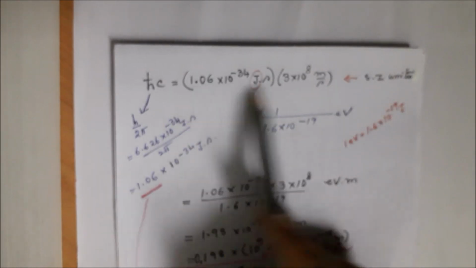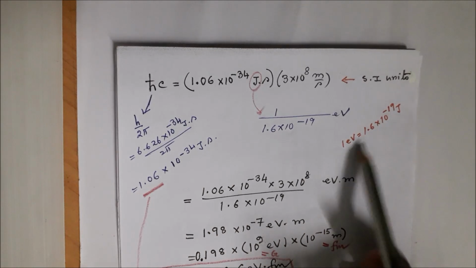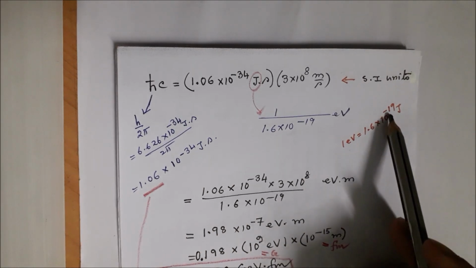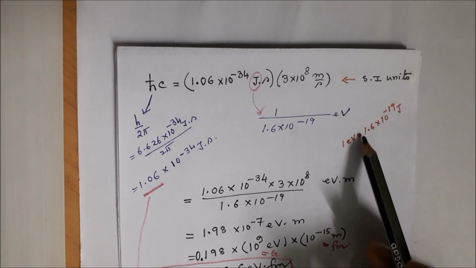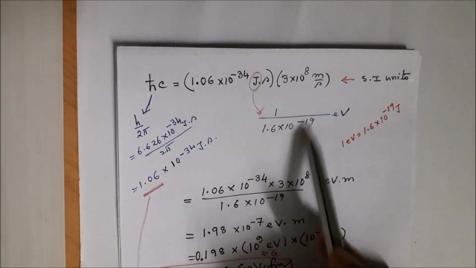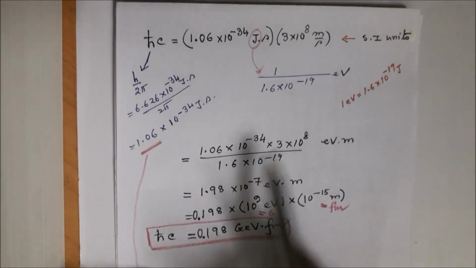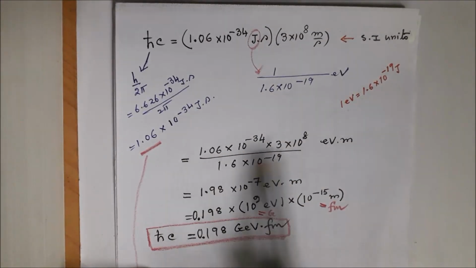This is in SI units, and we know that 1 eV is 1.6 × 10^-19 joules, which means 1 joule is 1 by this factor eV. And if you put it here, we end up with this relation.